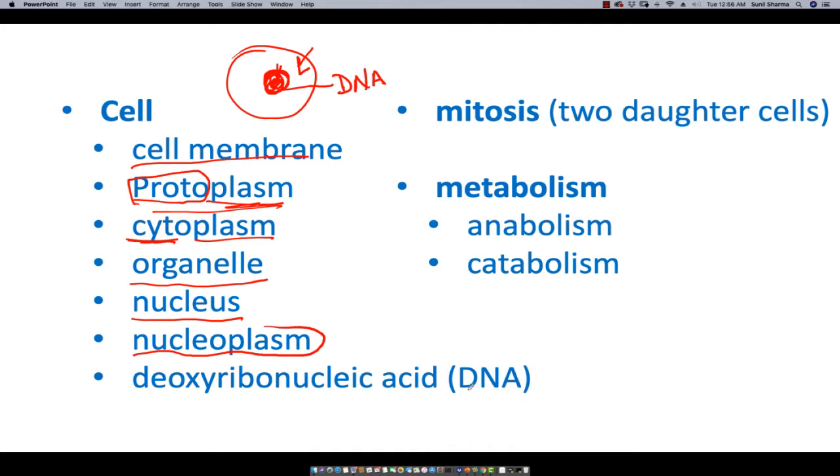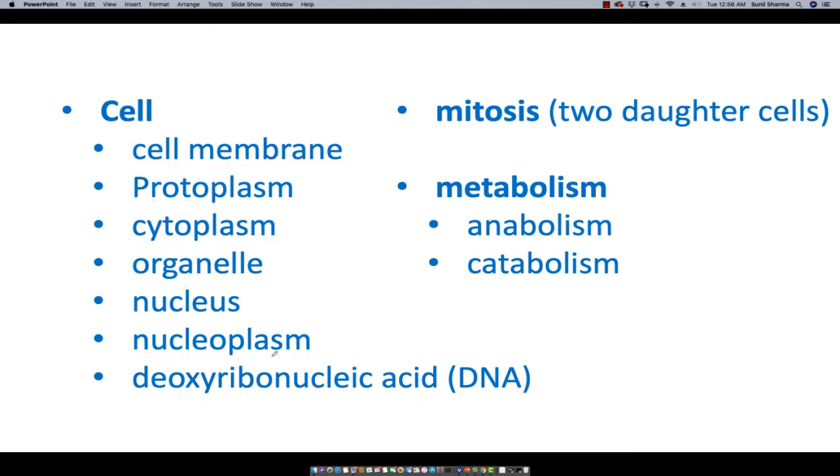And the DNA, the extended terminology, is called deoxyribonucleic acid. So these are the words: cell membrane, protoplasm, cytoplasm, organelle, nucleus, nucleoplasm, deoxyribonucleic acid, or called DNA. And that is the structure. So this is the structural aspect of the cell.